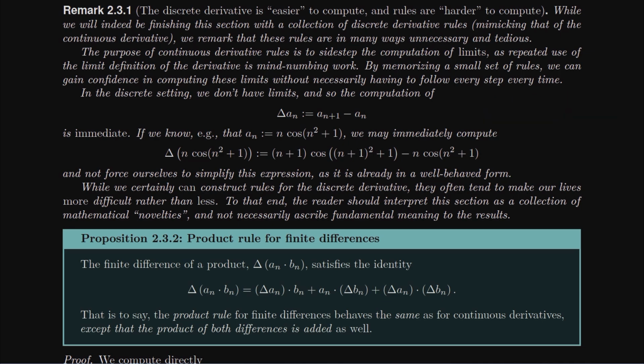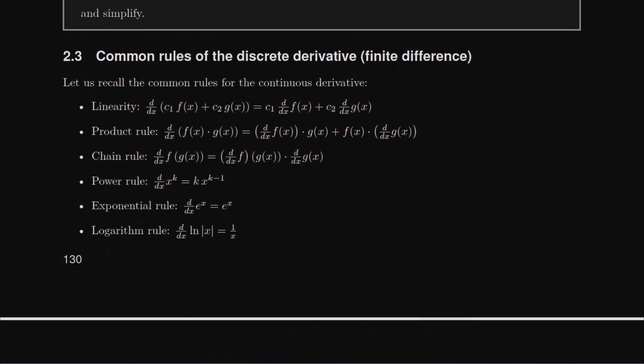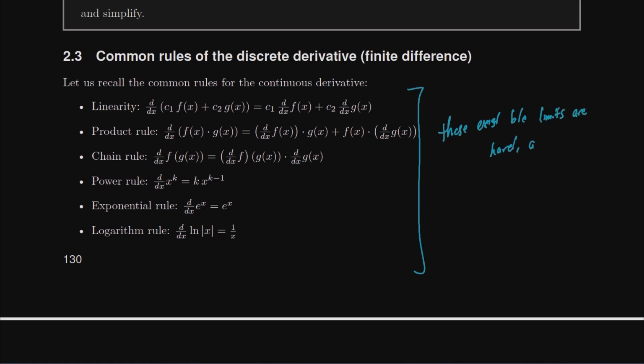All of these rules only exist so that we can sidestep the limit definition. These exist because limits are hard, and in particular very hard for derivatives, because the derivative relies on a limit definition.